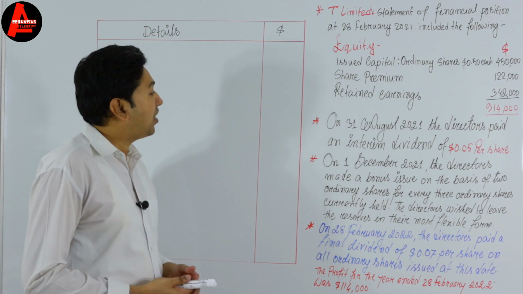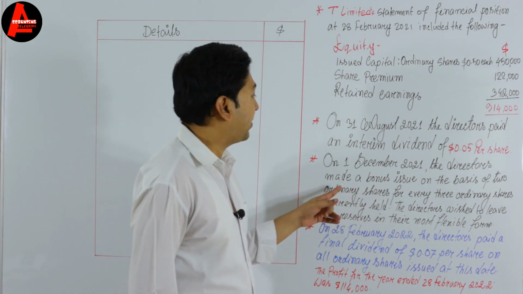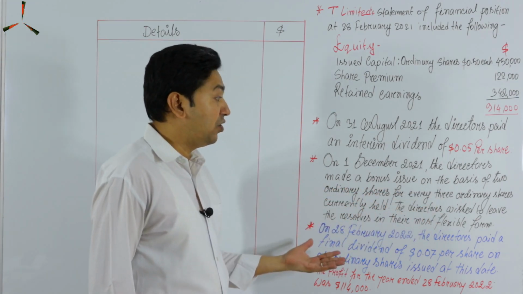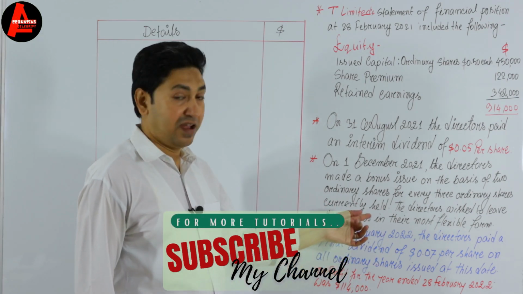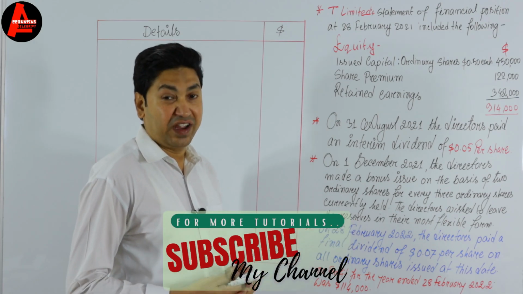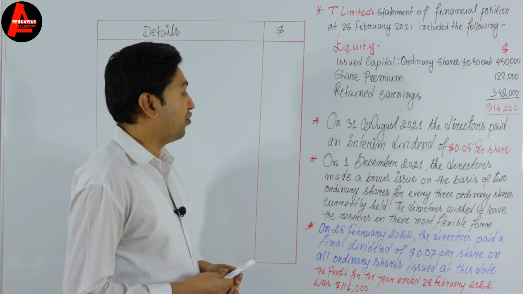Then on 1st December 2021, the directors made a bonus share issue on the basis of 2 ordinary shares for every 3 ordinary shares currently held. It is like if you have three ordinary shares, you will get 2 bonus shares. On this basis, the business issued bonus shares.